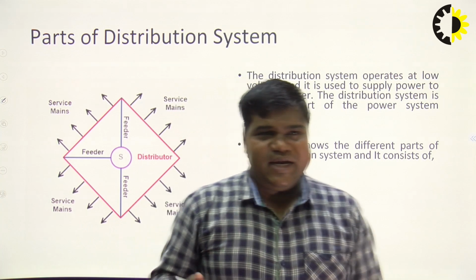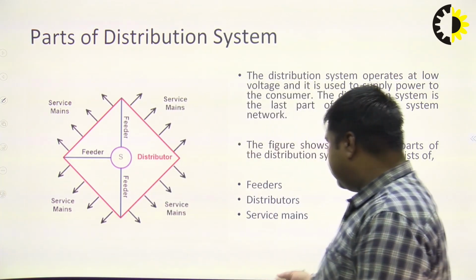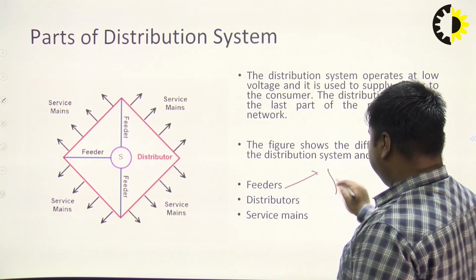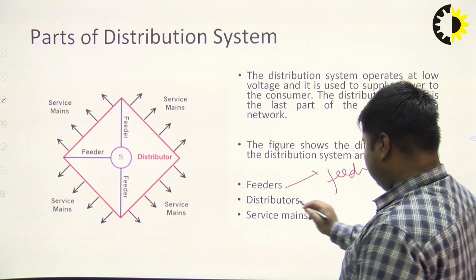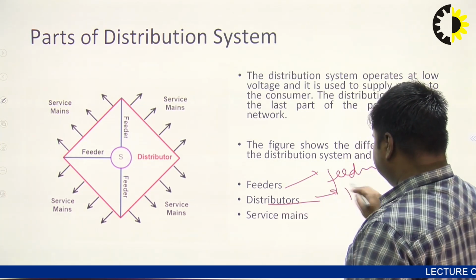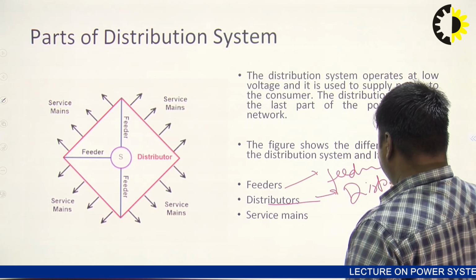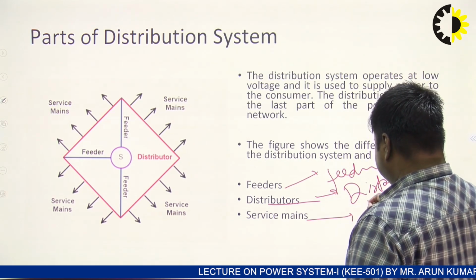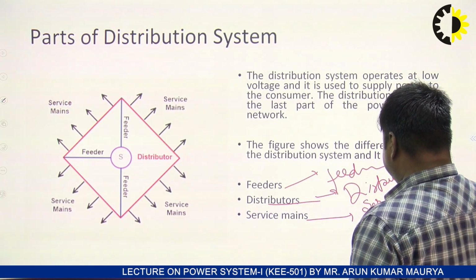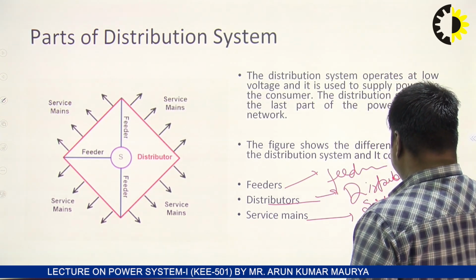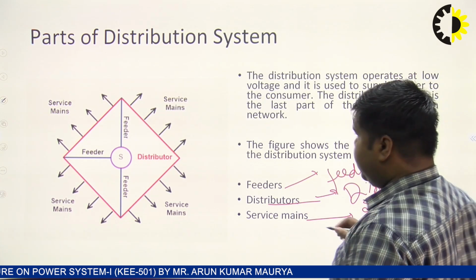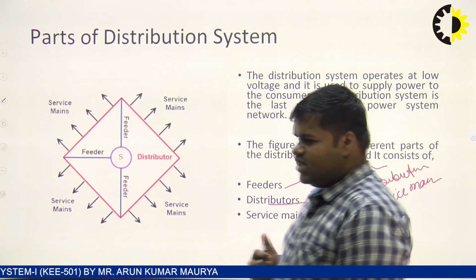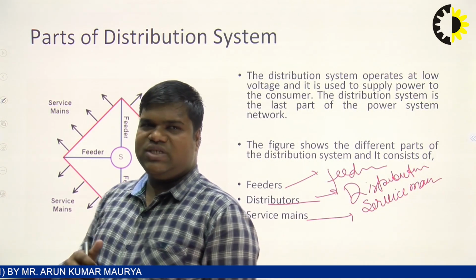Okay, so the distribution system is the last part of the power system network, and the figure shows the different parts of the distribution system. It consists of the feeder, as I have already told, the second part is the distributor, and the third part is the service mains. So these are the main parts of the distribution system.